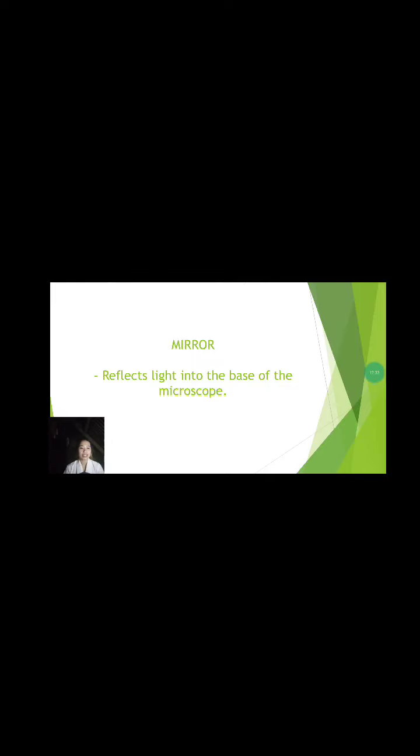So let's proceed to illumination. This is the light used to illuminate the slide or specimen from the base of the microscope. Low voltage halogen bulbs are the most commonly used source of illumination for compound microscopes.